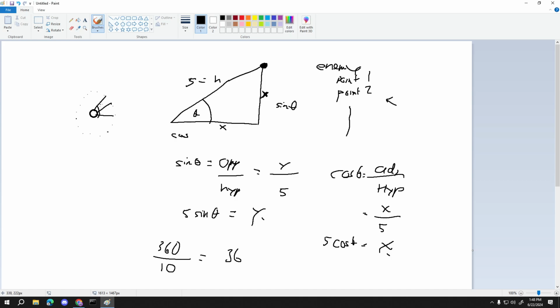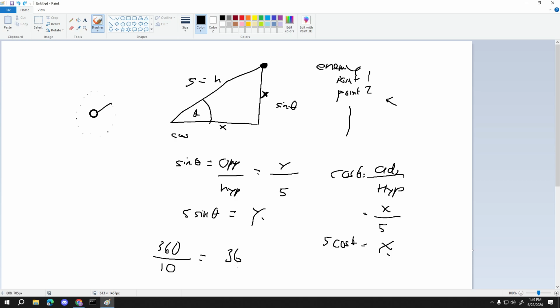From 72, we have 108, etc., and we can use that for our sine here. So you have 5 times sine 36 is equal to our y, and 5 cosine 36 is equal to our x. So we have a point here.